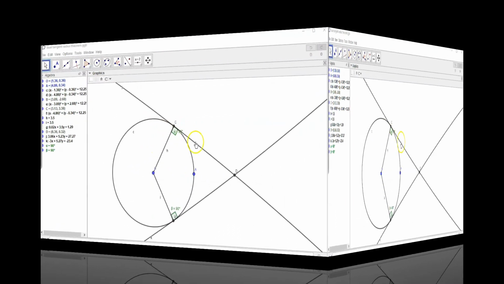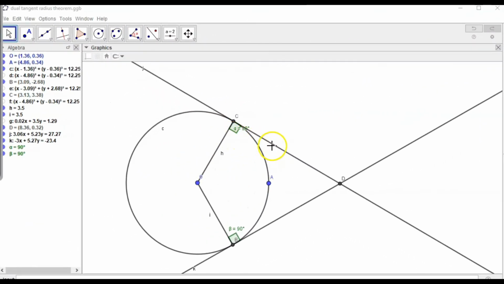So coming to our GeoGebra, you realize that I have DC and DB as my two tangents, and OC and OB as my two radii. The line OC and the tangent CD intersect at an angle of 90 degrees, and you can see that is the angle alpha here.